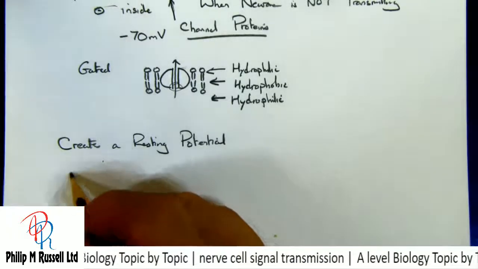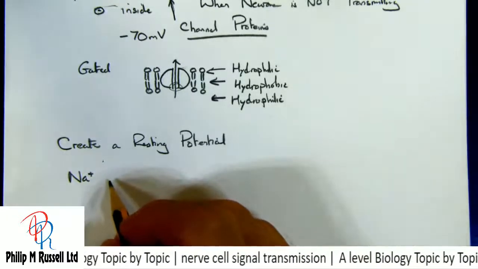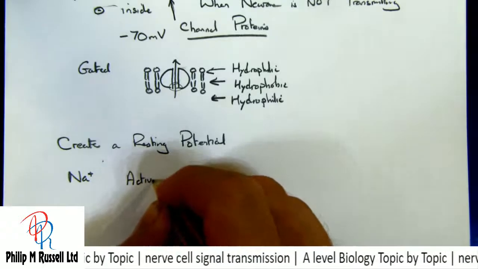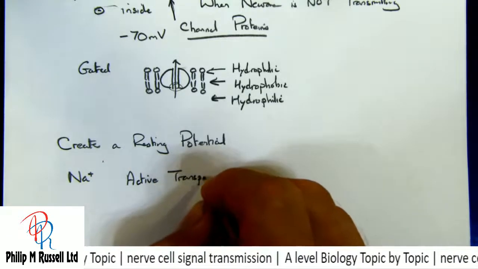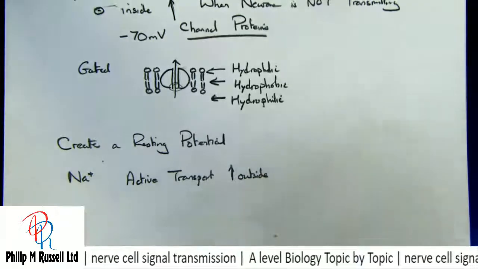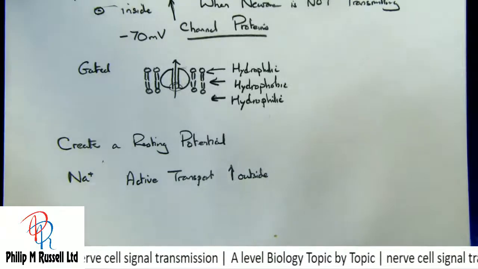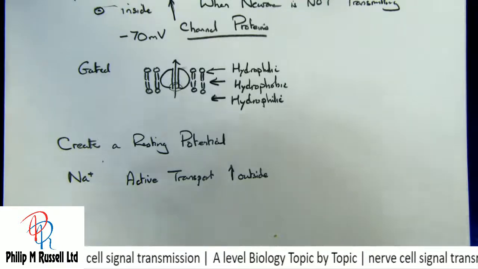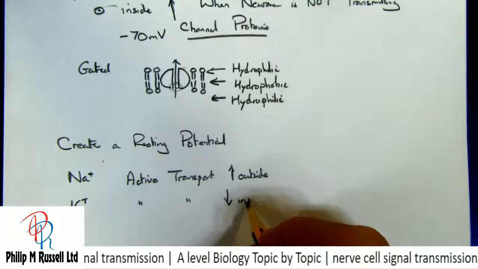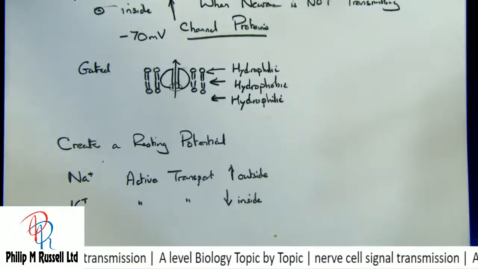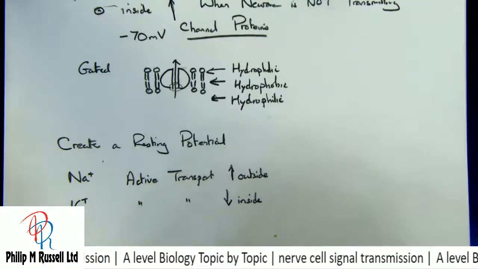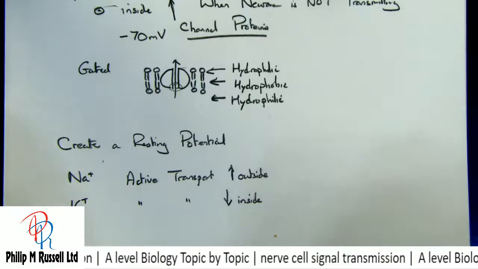Well, we've got our sodium ions, and these can be inside, and they are going to be actively transported to the outside, whereas potassium ions are actively transported to the inside of the axon by specific intrinsic proteins known as the sodium potassium pump.